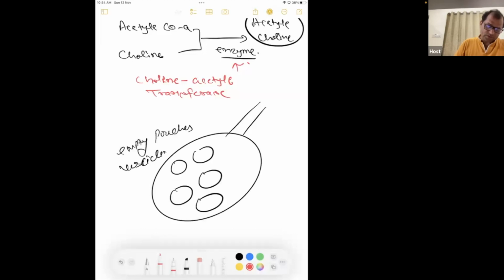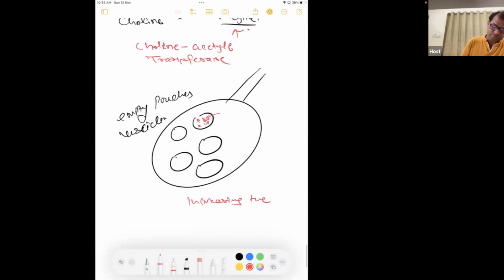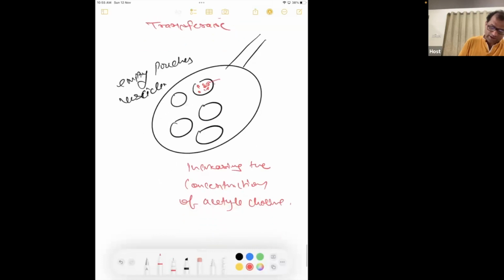And because of this enzyme, there is a formation of the acetylcholine, and it's coming inside and increasing the concentration of acetylcholine inside the vesicle, right?